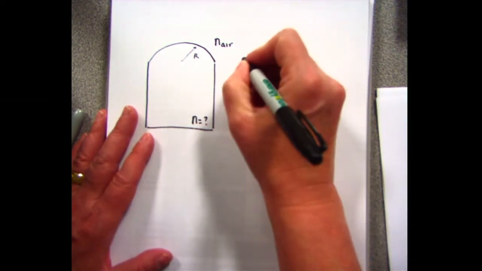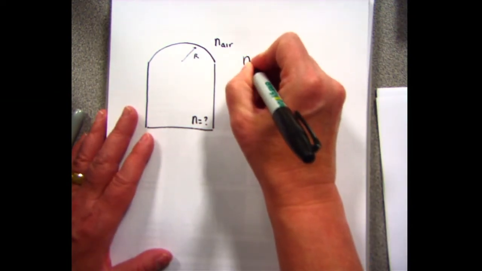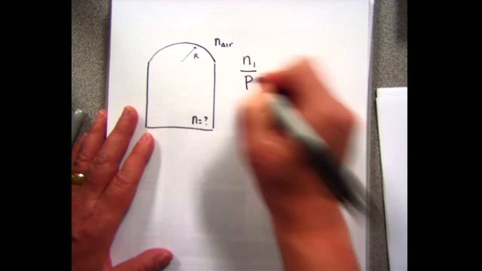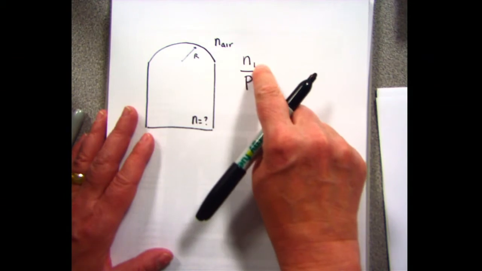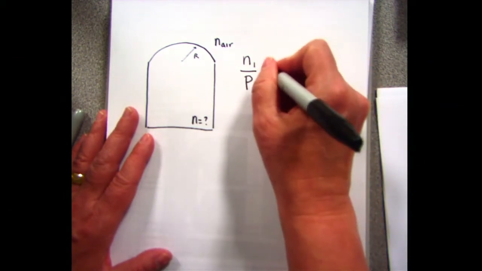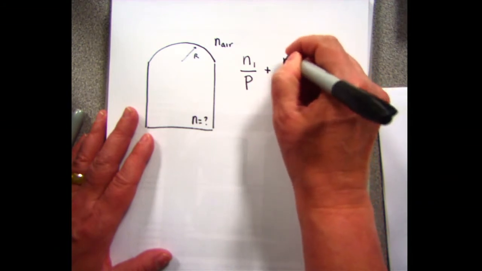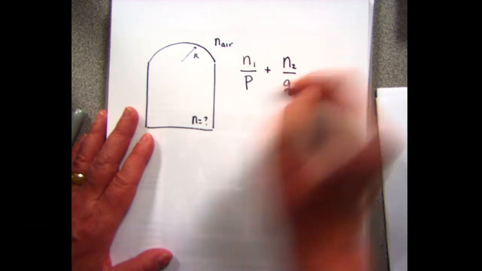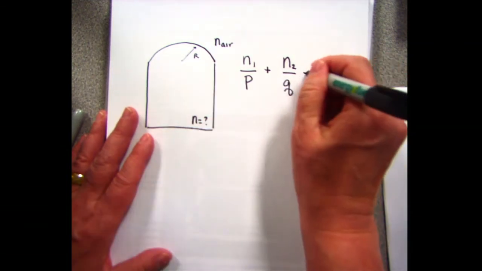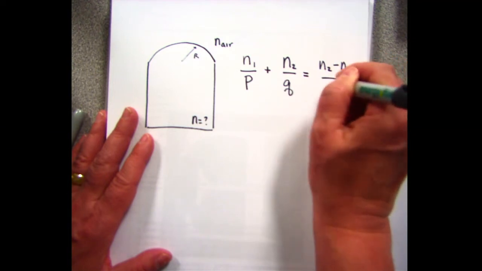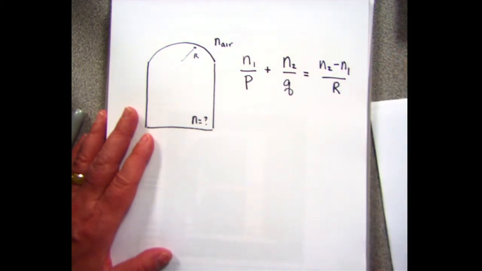What ultimately happens is now I have to account for those indexes of refraction, and this ends up with the index of refraction of where my object is, plus my index of refraction where I'm looking through and where the image comes out. And then I get minus n1 divided by the radius of curvature when I have a big object.